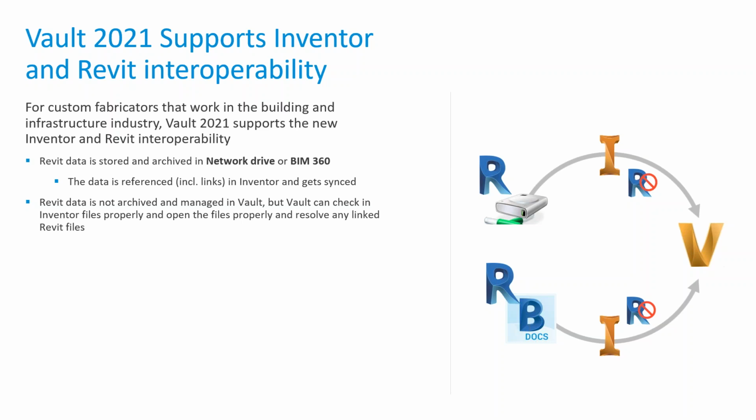So even though the Inventor assembly has a reference to the Revit data, Vault essentially pretends like it doesn't exist. So you can actually check that data into Vault. Your Inventor data still gets managed. And then when the file comes out of Vault, Inventor just looks for the Revit data wherever it's supposed to find it.